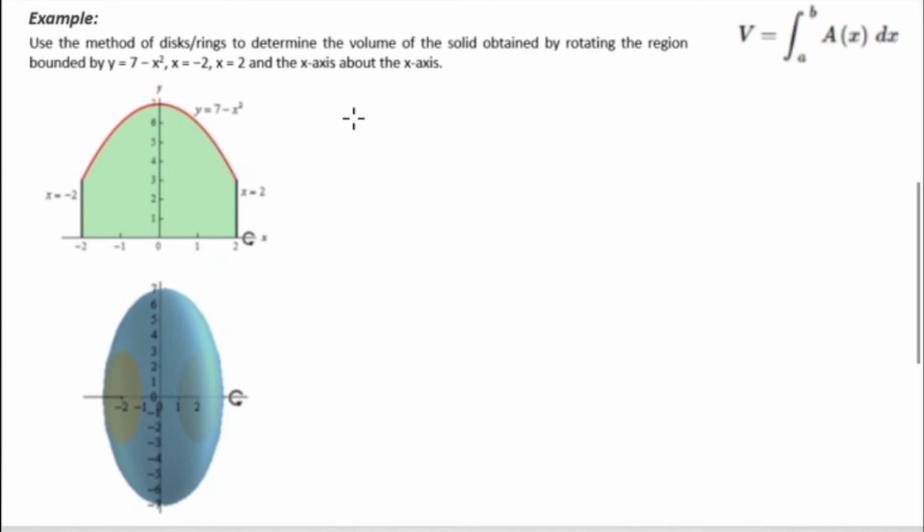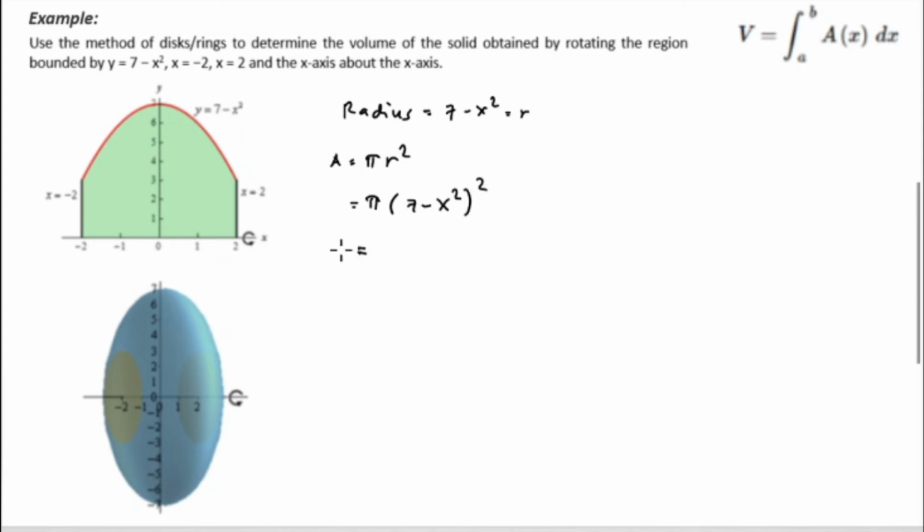So the radius is equal to 7 minus x squared, which is the maximum value for this curve. So we have r, which is 7 minus x squared. And the formula for the area of a circle is pi r squared. Or pi times (7 minus x squared) squared.